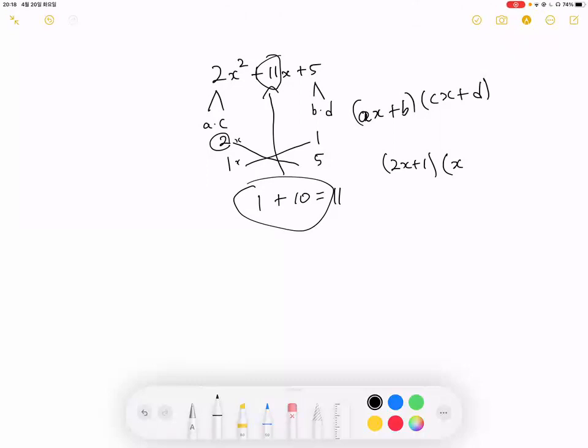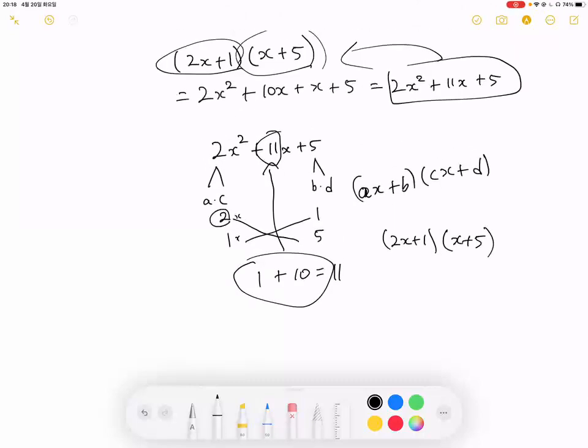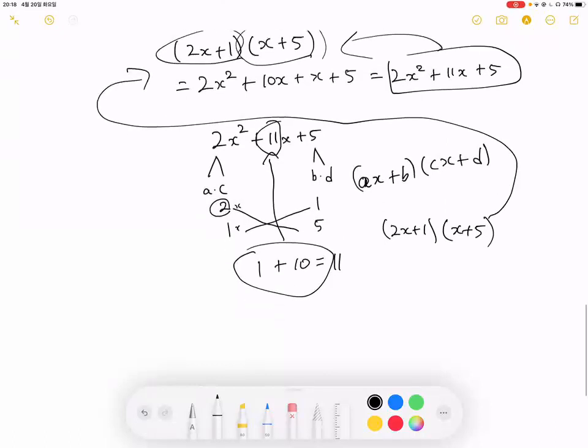There's also an x here, but I just don't write x because it's kind of obvious. And then plus 5, right? So we're back to where we started, which is here. It's the same thing. And hopefully this made sense.